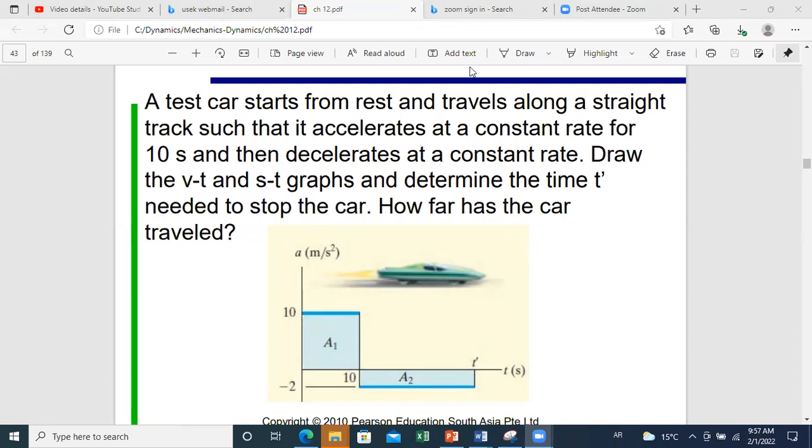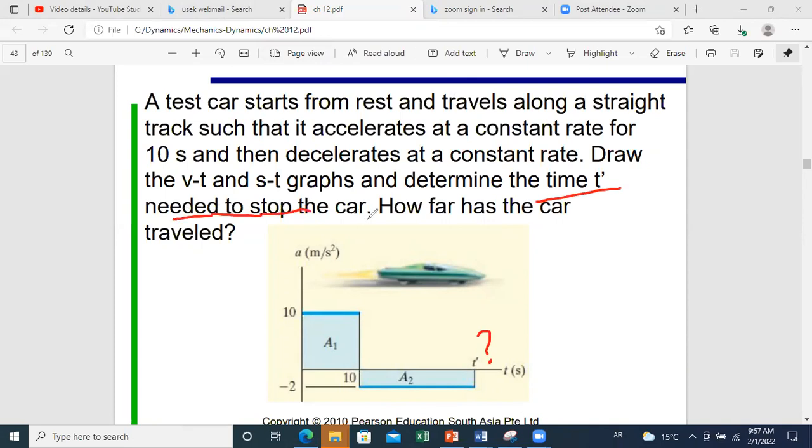So first, what we know is the graph of a function of time, but in this graph, we have one unknown, which is t prime. To find t prime, they gave us a condition. They told us that t prime corresponds to the time when this car will stop.